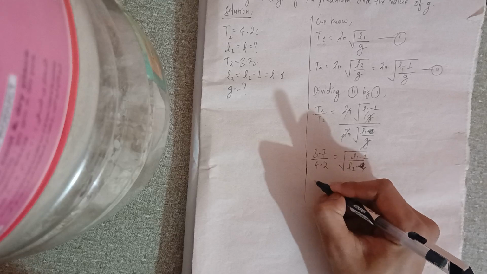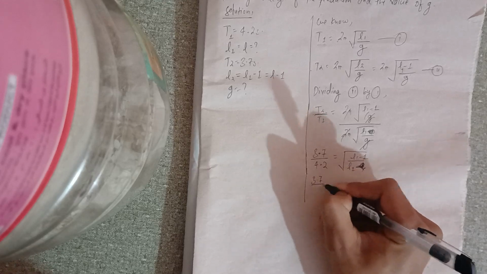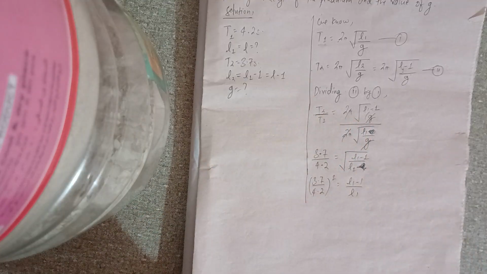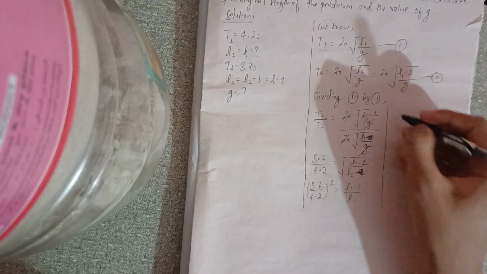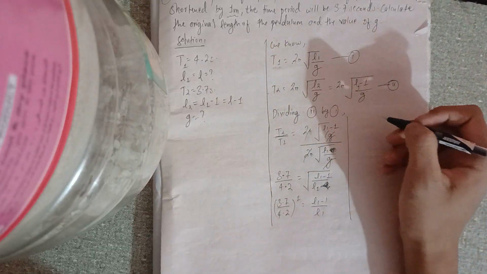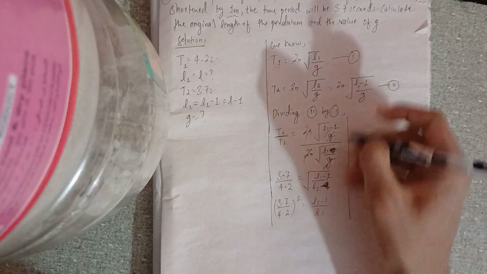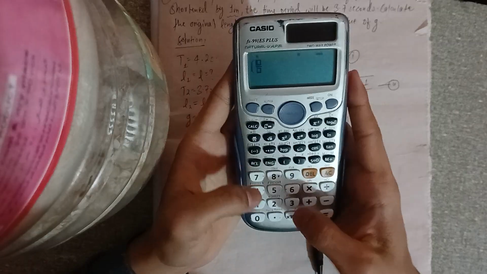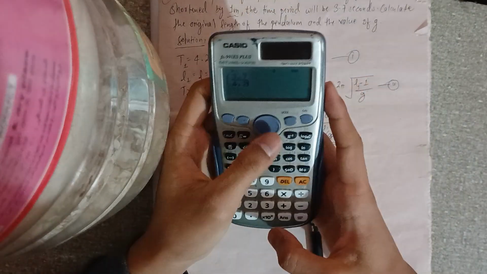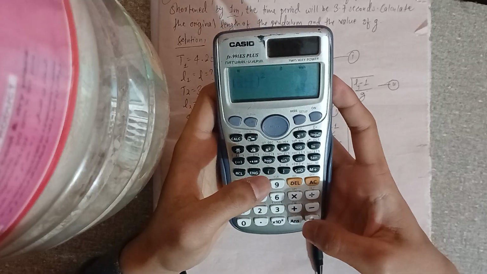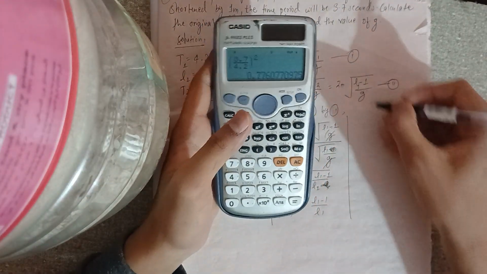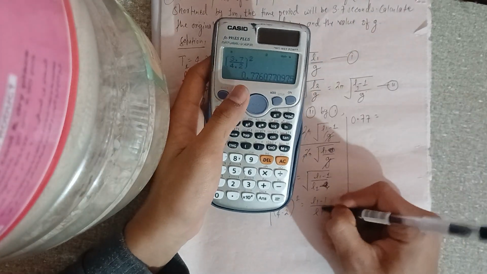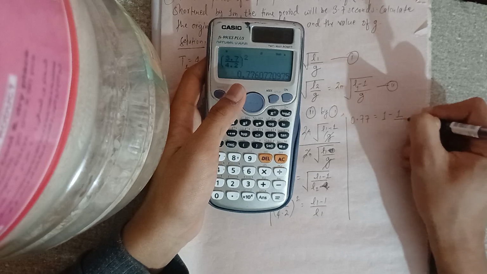So if you square both sides, 3.7 by 4.2 squared will be equal to L1 minus 1 by L1. Let me do the calculator first: 3.7 by 4.2 squared is 0.77. So 0.77 equals 1 minus 1 by L1.